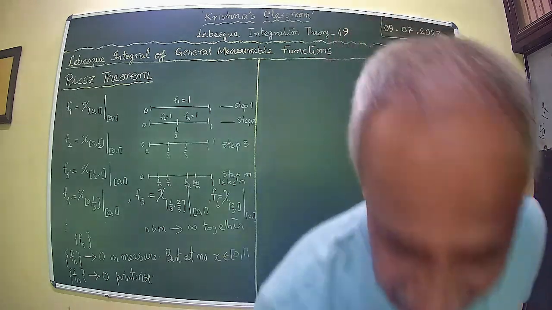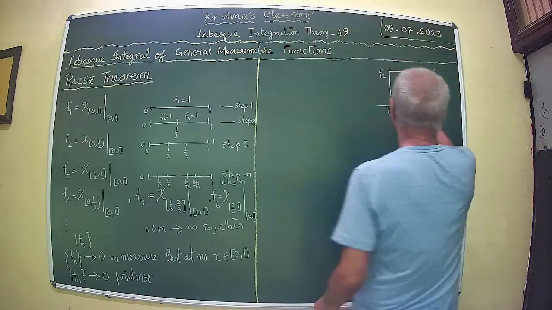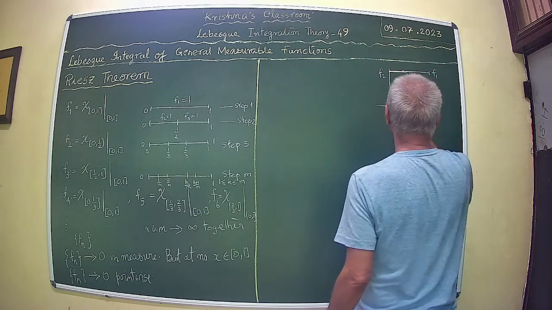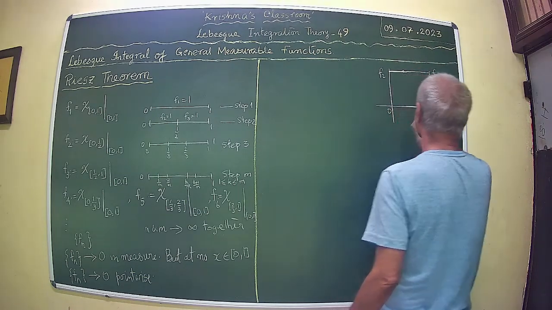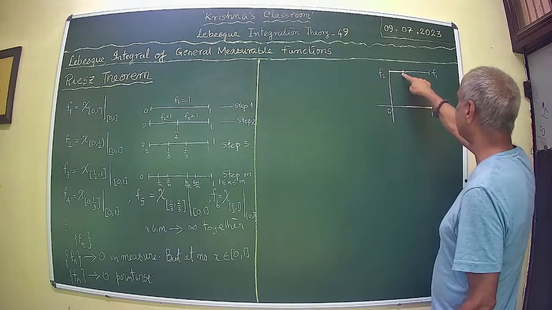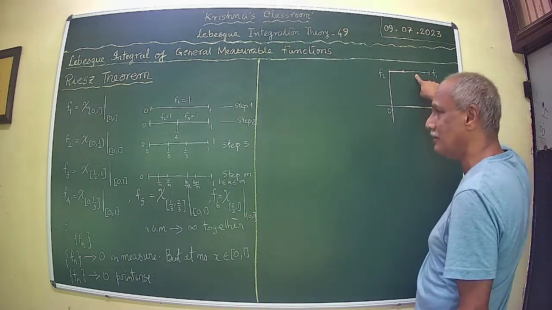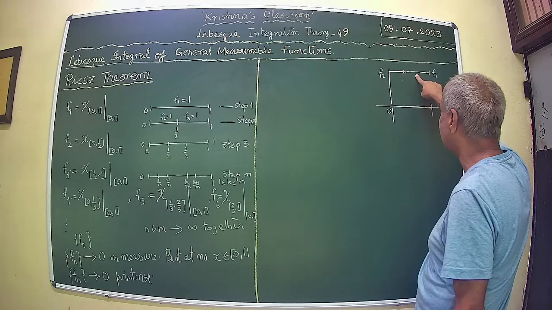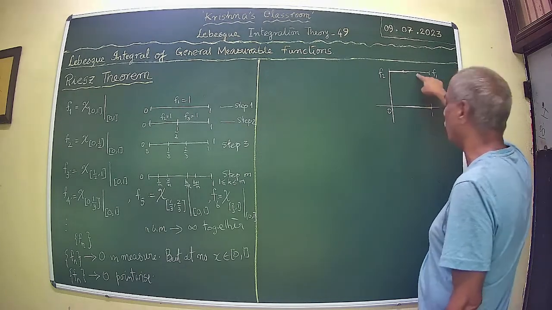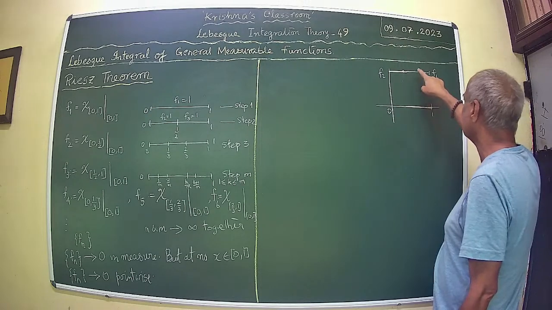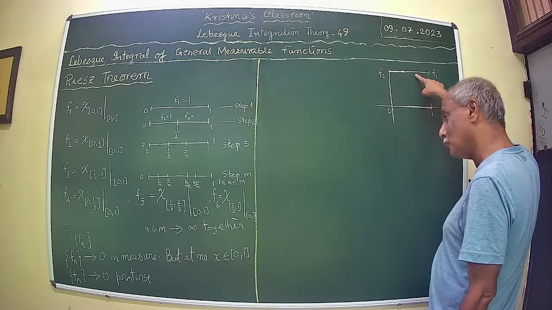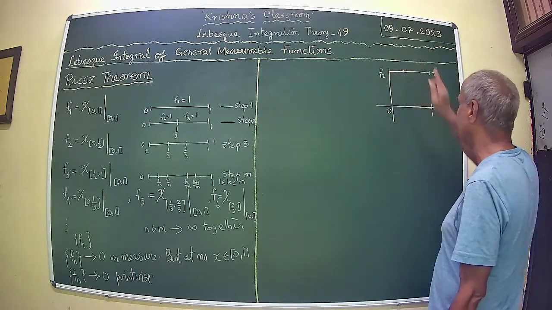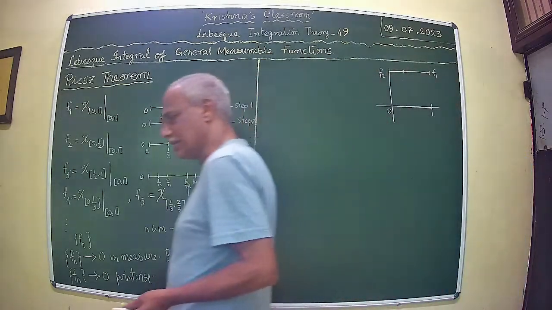I'll put another color here. F3 is this here. Then it is 0. F4 is from 1/3 to 2/3 it is 1. Elsewhere it is 0. And F5 is 1 between 2/3 and 1, and elsewhere it is 0. Now this is how the functions are defined.